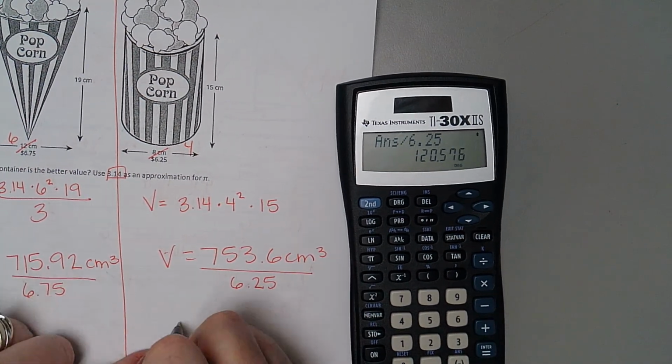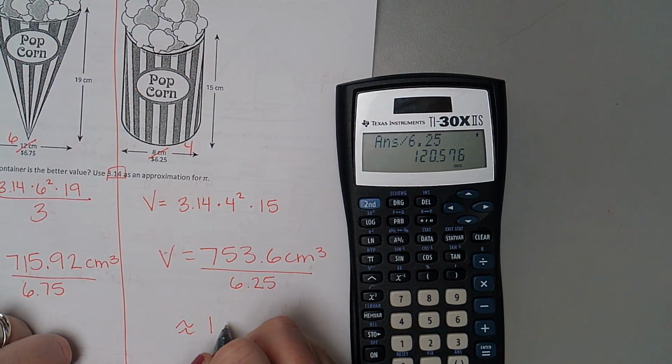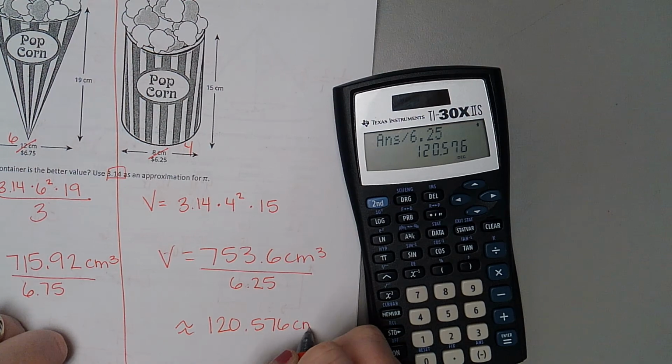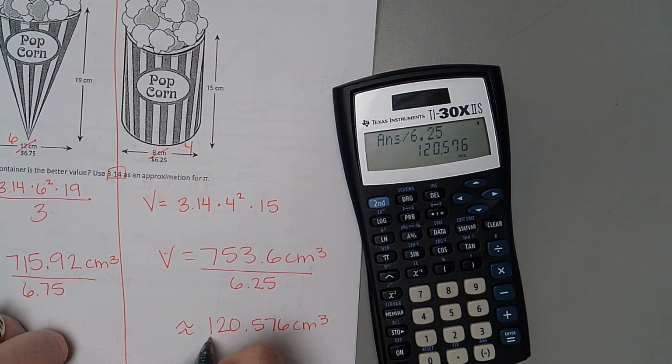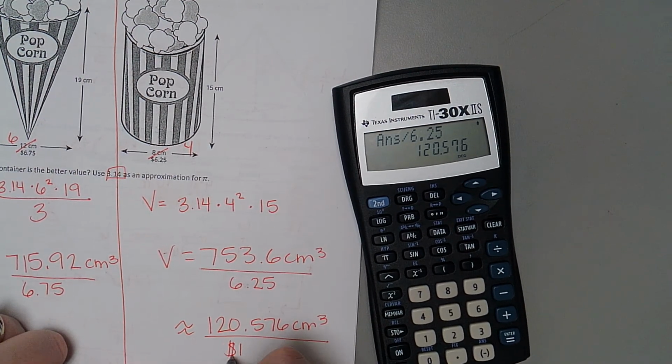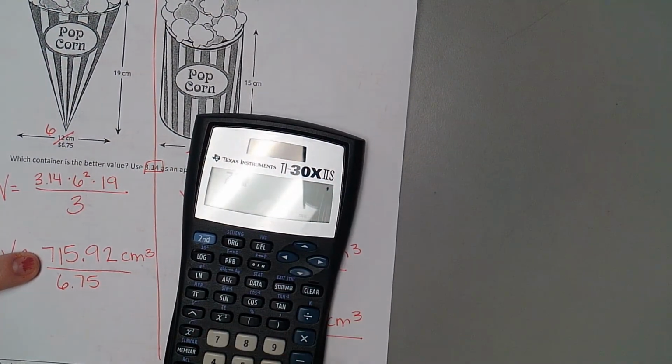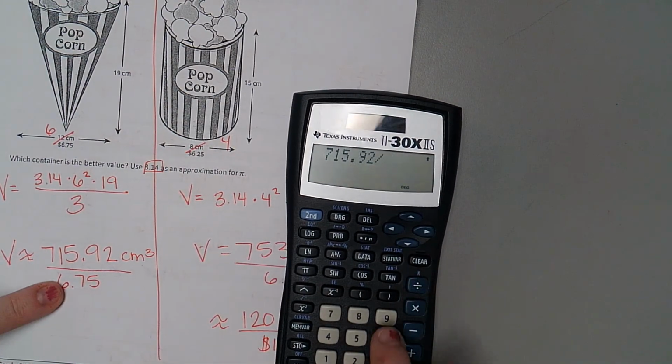So you get about 120.576 centimeters cubed per $1. On this side, 715.92, and it is divided by $6.75.